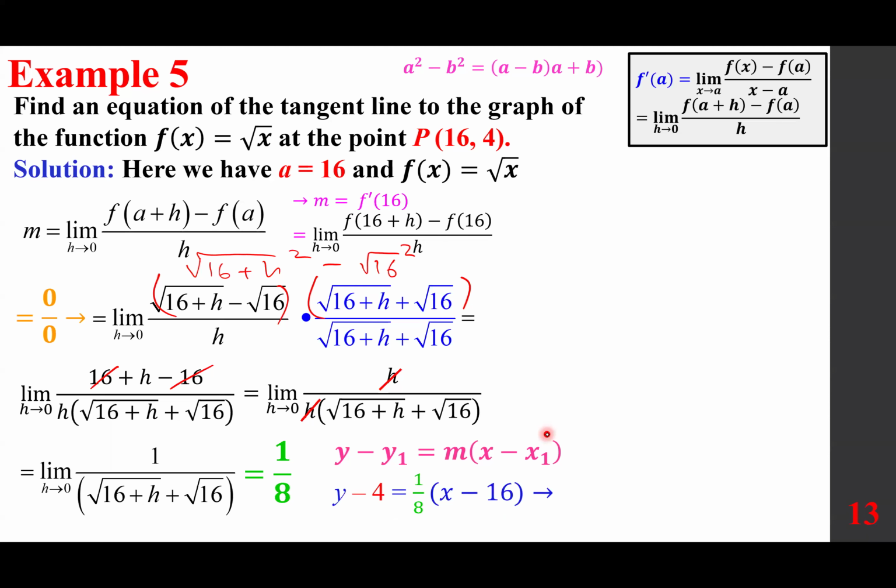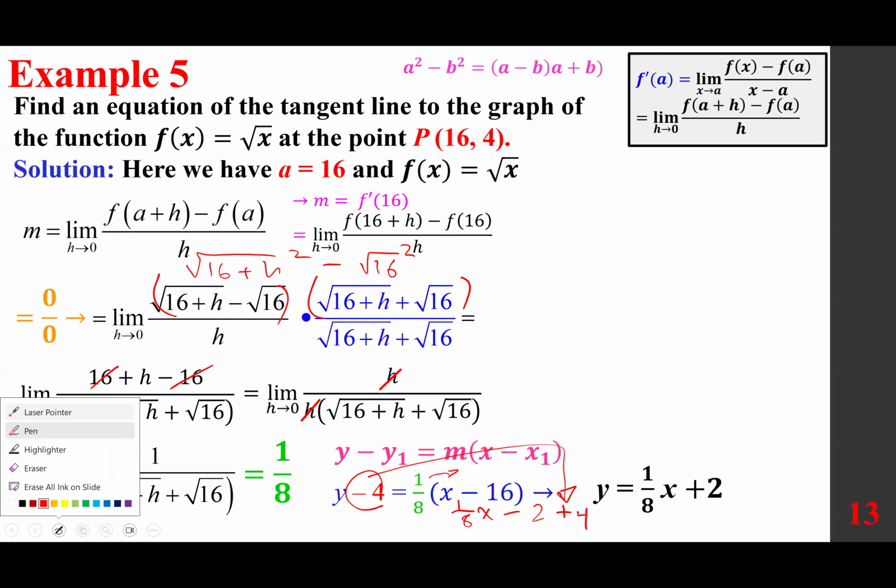And distribute, we get 1 over 8 x minus 1 over 8 times 16 is 2, minus 4 is plus 4. We get 1 over 8 x plus 2.